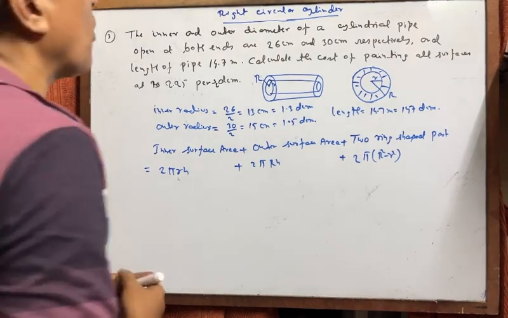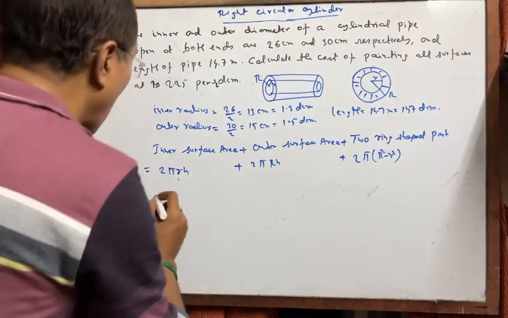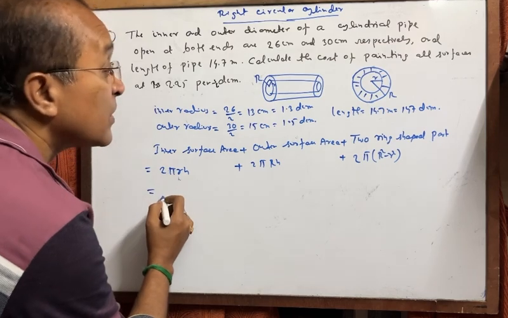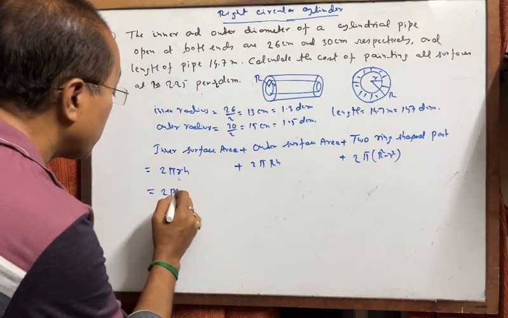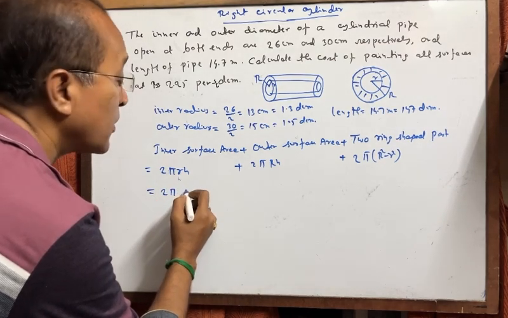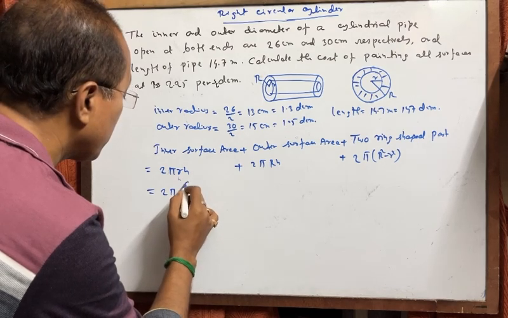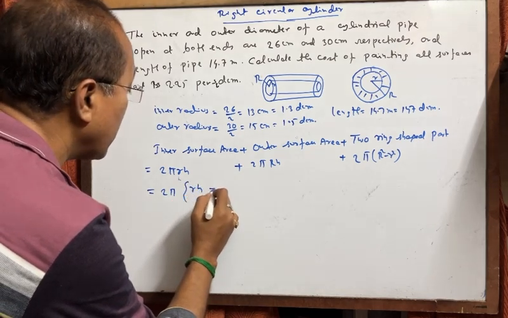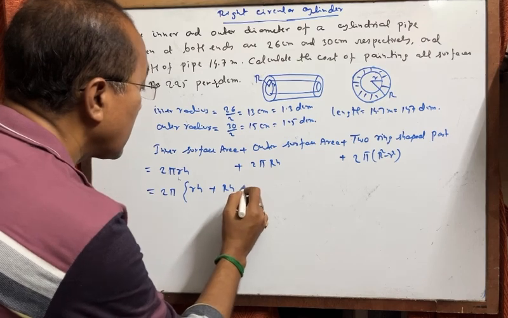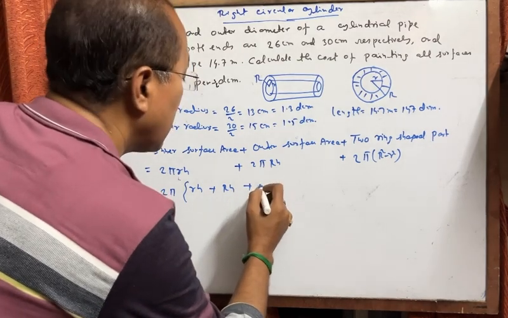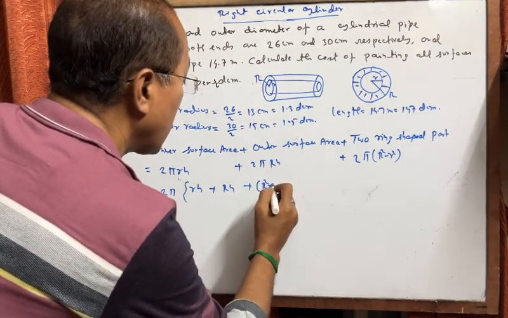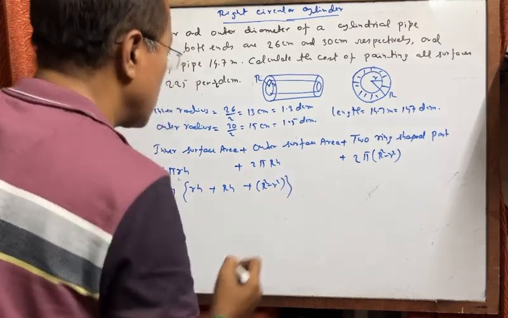Now we are taking 2 pi common. We are finding small rh, capital RH, and here it is capital R square minus small r square.